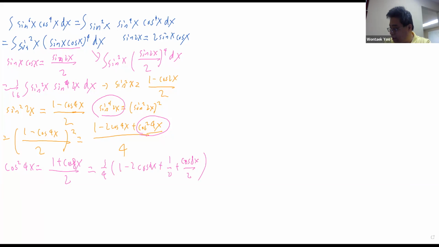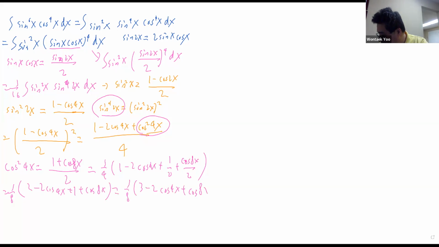And then if you factor out a 2, what we get is 1/8 times 2 minus 2 cosine 4x plus 1 plus cosine of 8x, which is equal to 1/8 times 3 minus 2 cosine 4x plus cosine of 8x.